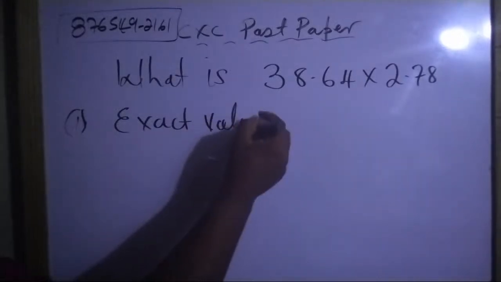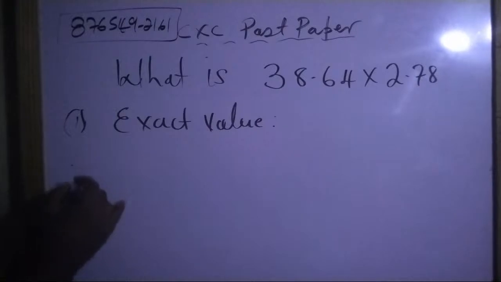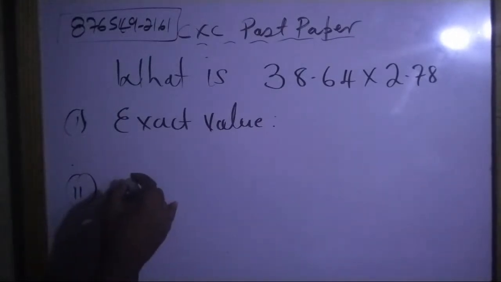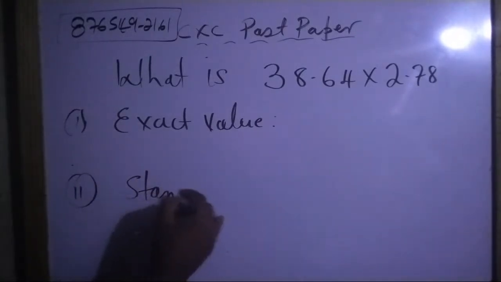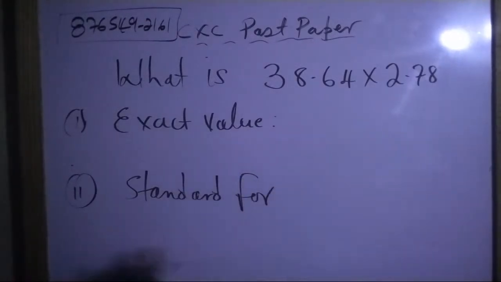So they just want you to punch it in your calculator and do that. And then two, you're going to write the result in standard form. And then next, round it off to 2 decimal places.